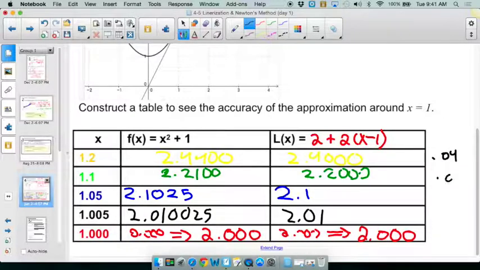We've got a difference of 0.01. We've got a difference of 0.002. We've got a difference of 0.00002. And we've got a difference of nothing.